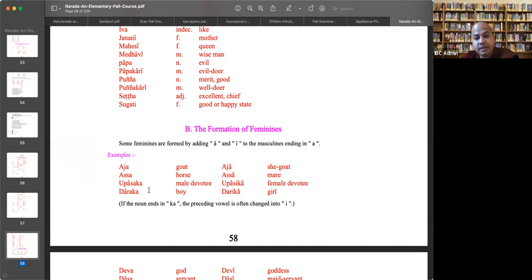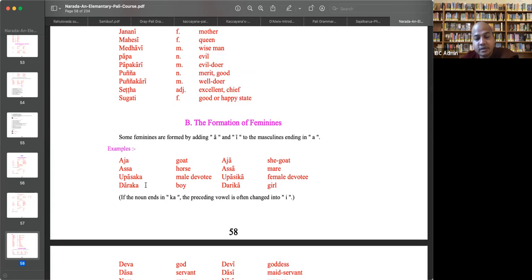So here you see that not just the last a changed to long a, but even the vowel before ka changed to e. So upasaka becomes upasika. Upasika refers to female devotee. I feel that this is actually a completely different word.